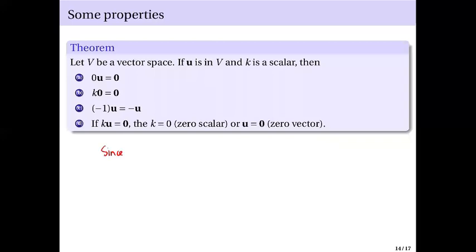Since 1 over k times k is just 1, we have 1 times u equal to the 0 vector. By axiom number 10, 1 times u is just u. And now we have u equals the 0 vector.